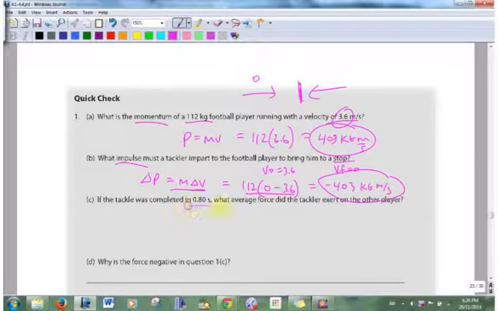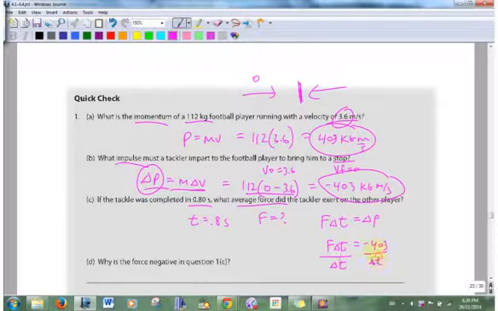If the tackle was completed in 0.8 seconds, what force did the tackler exert on the other player? This is impulse, okay? Change in momentum. So, do I have this? Yes, I do. I just answered it. And what do I do with this time? I want to find the force.